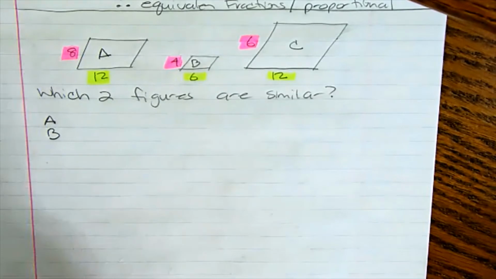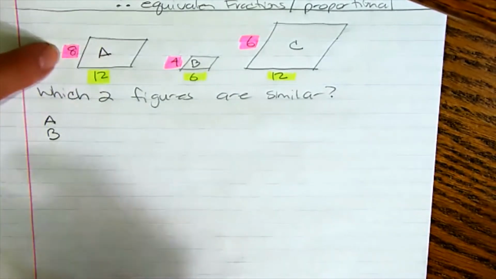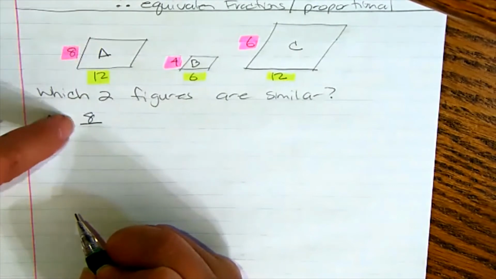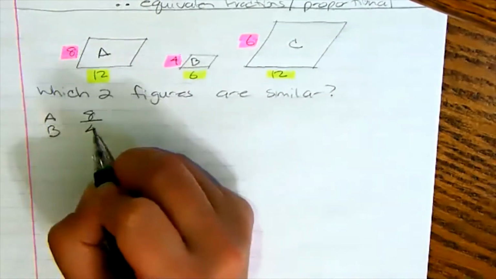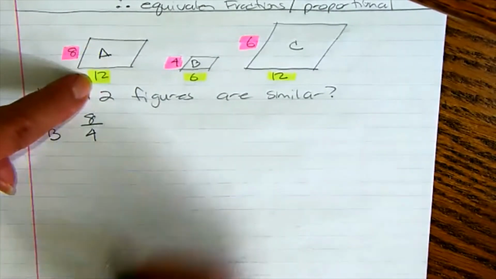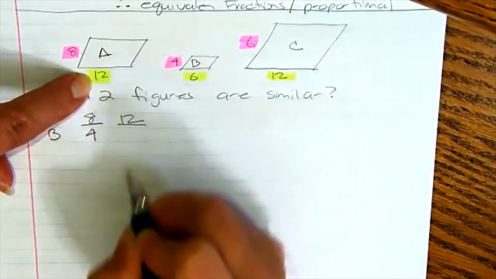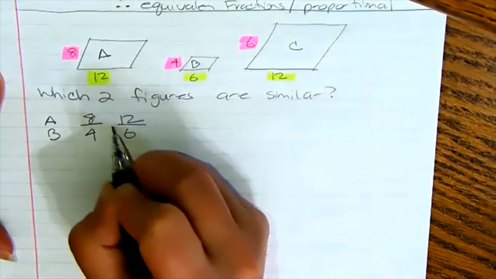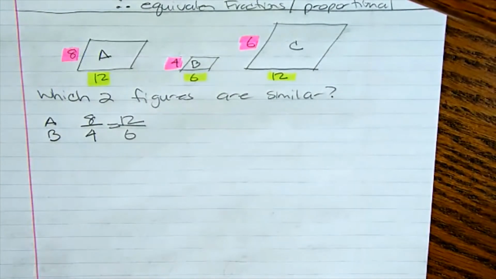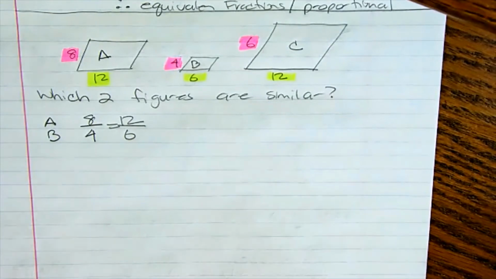So I need similar sides. So the pink, A, over B pink. Then A yellow over B yellow. These should be equivalent fractions.